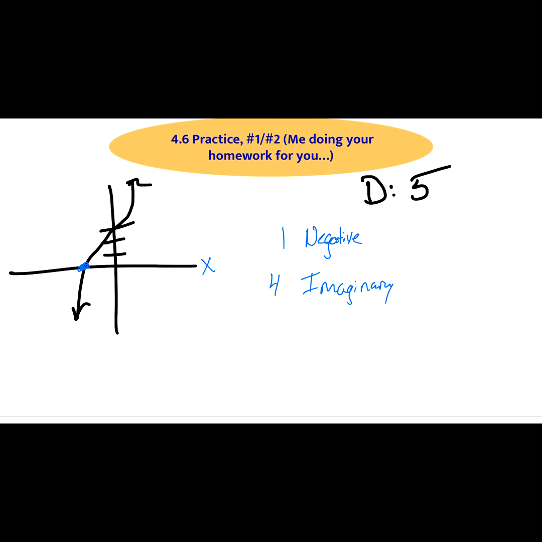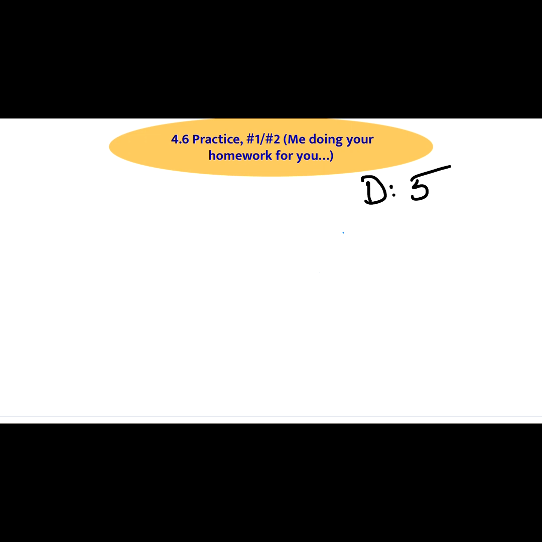If we look at now, number 10 is a little hard to see, so I will graph it up here. I can't see it. Yeah. How do you know how many solutions there are?